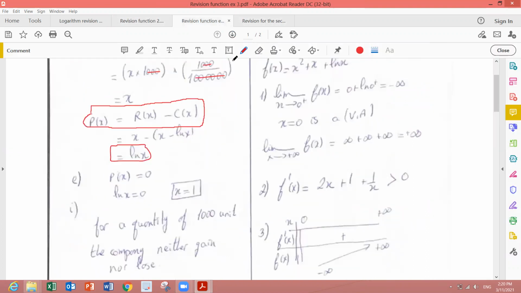So here, Px equal to 0 means ln x equal to 0, which means x equals 1.